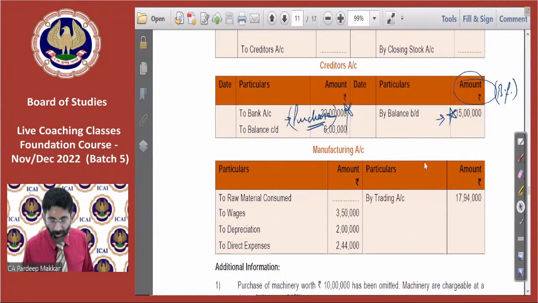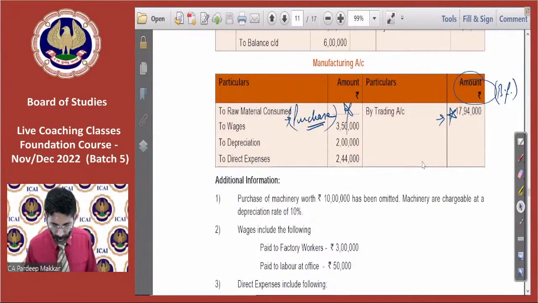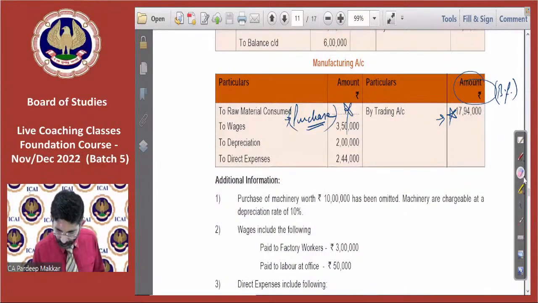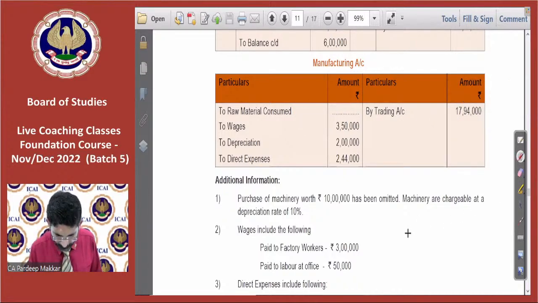In the manufacturing account also, we don't have raw material consumed. So what he says is purchase of machinery worth rupees 10 lakh has been omitted. Read the points that are given to you.